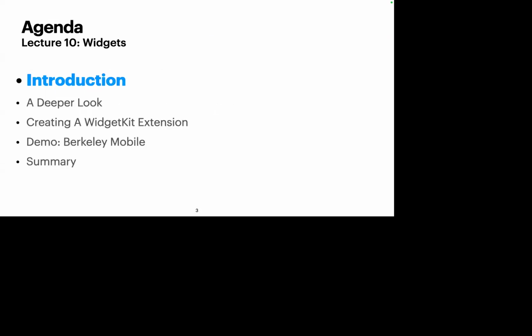All right, so this is the agenda for today. We're going to take a quick introduction of what widgets are and what you can do with widgets. Then we're going to talk about the kind of code that goes into widgets and what a widget is composed of. And then we're going to talk about how you can create a widget using a WidgetKit extension.